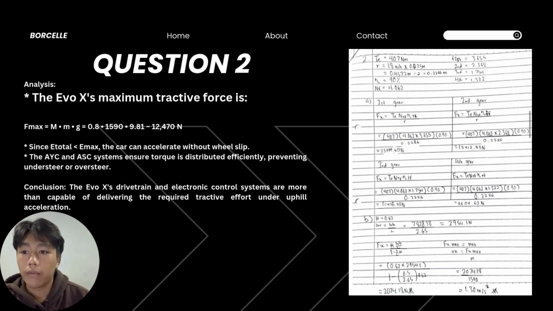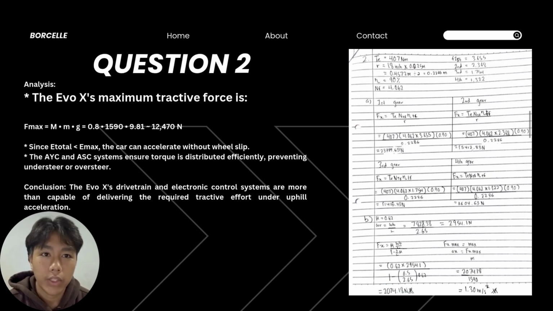Alright, now for the analysis, the Evo X maximum traction force is, as you can see from the formula, F max equals μ times M times g. So you have 0.8 times 1590 times 9.81, which is gravity, equal to 12,470 Newton.